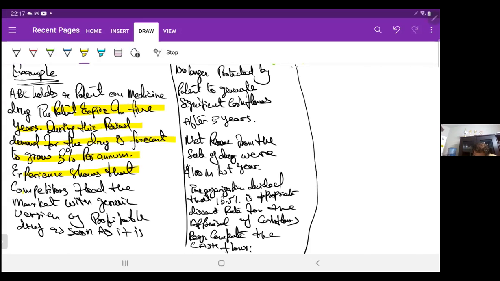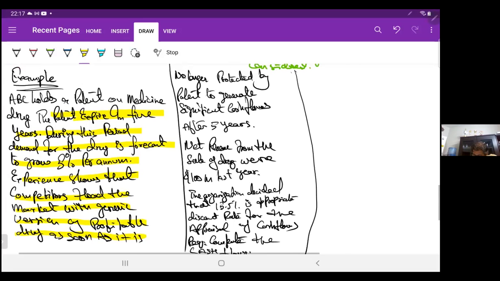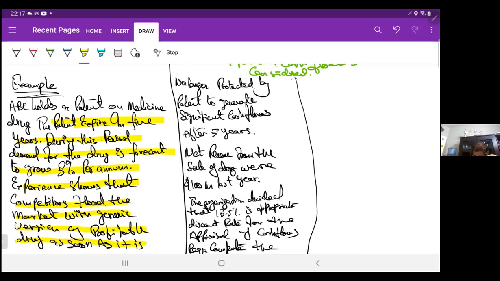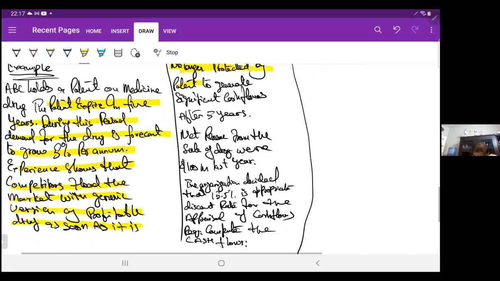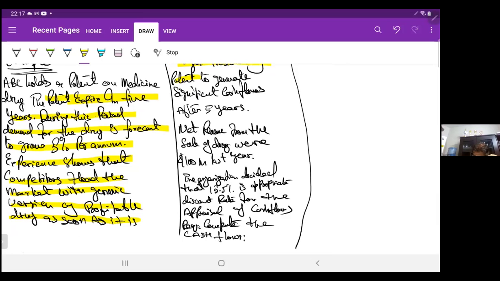Experience shows that competitors flood the market with generic versions of a profitable drug as soon as it is no longer protected by patent, so no significant cash flows are generated after 5 years. Net revenue from the sale of the drug was 100 million last year. The organization decided that 15.5% is the appropriate discount rate for the appraisal of cash flows. What is the requirement? Compute the cash flows.